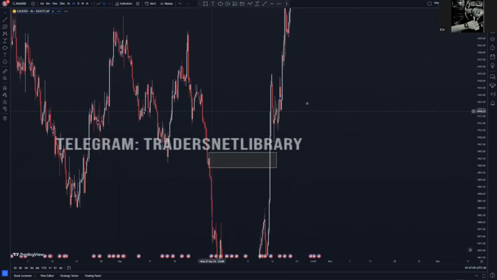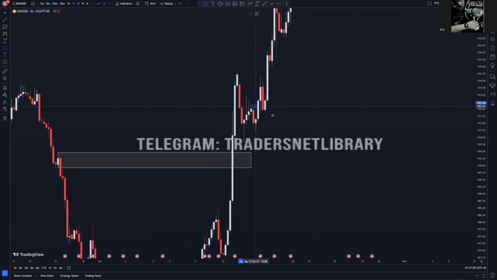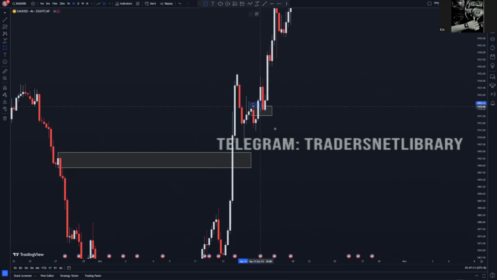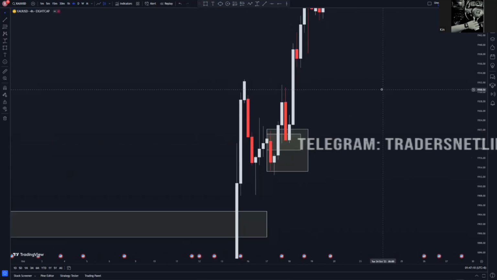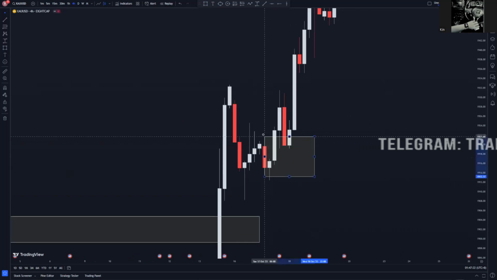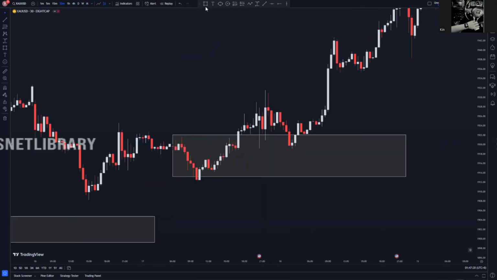Look over here. Why did the price respect this engulfing buy? If you want to mark it as an EG buy, that is also fine. When the price gets into this engulfing buy and we zoom into the M30, the price created this EG buy.